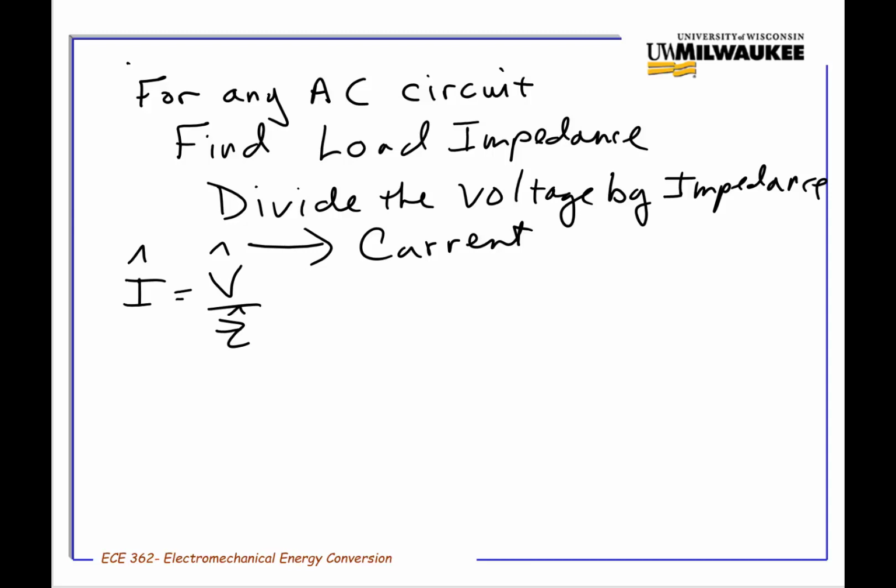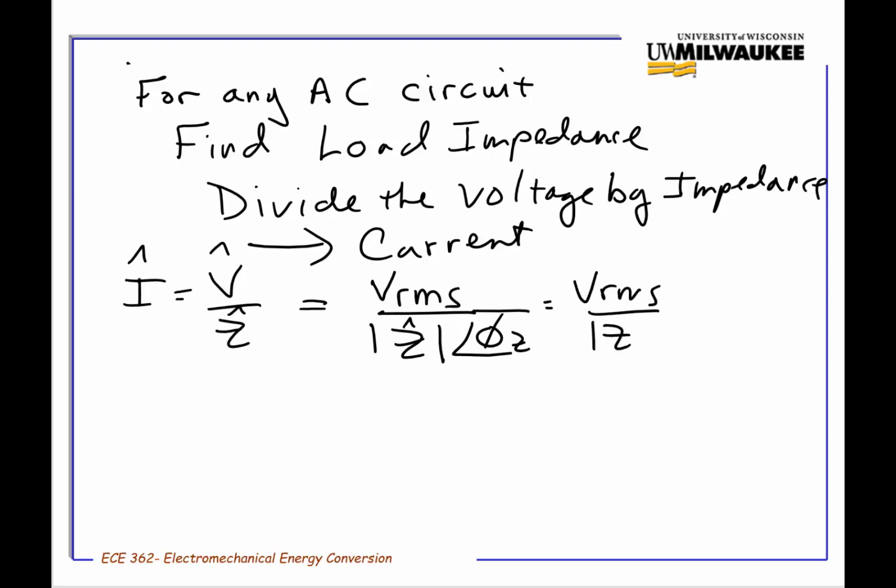In the case that we're showing, where we are saying that the voltage has an angular reference of 0, then we have VRMS, the RMS voltage, divided by the magnitude Z and the phase Z. That's equal to VRMS over Z, with a phase angle of negative phi Z. Now these quantities that we're showing: first of all, what is this?